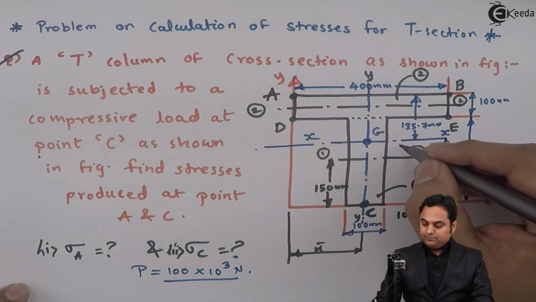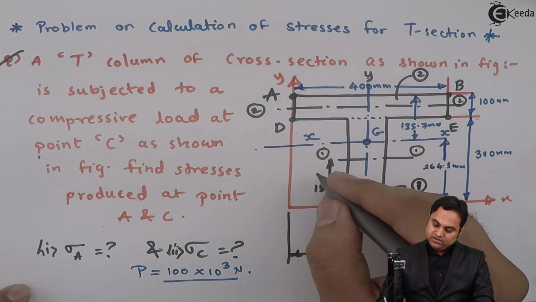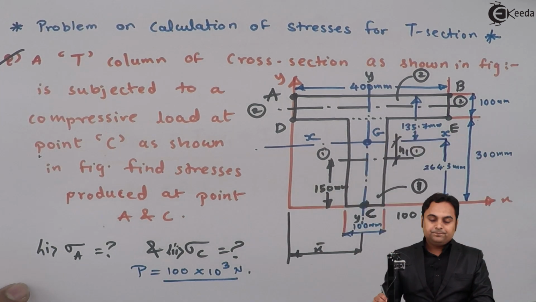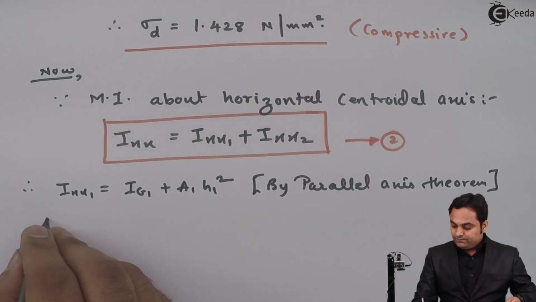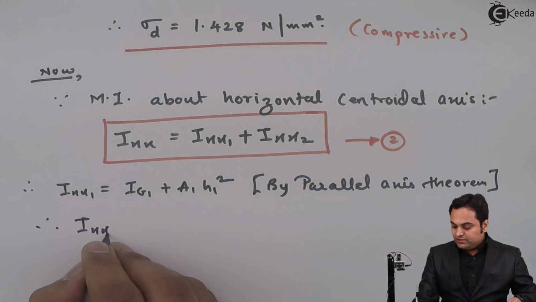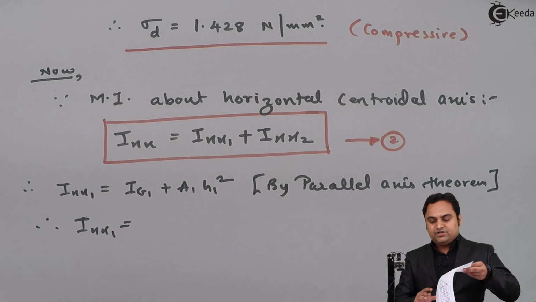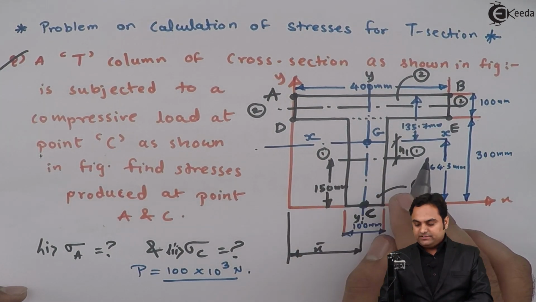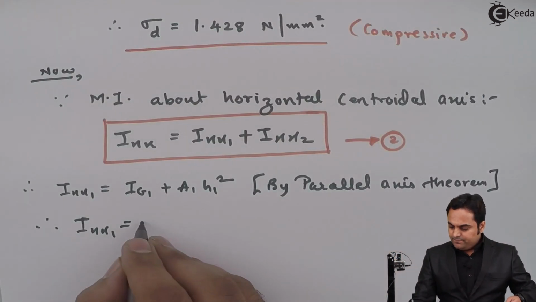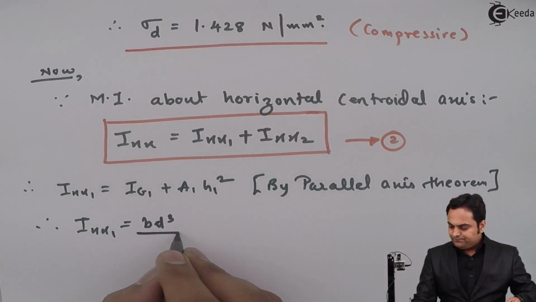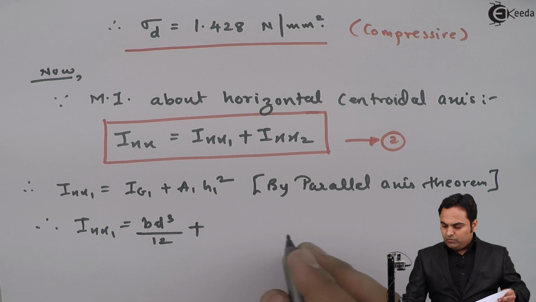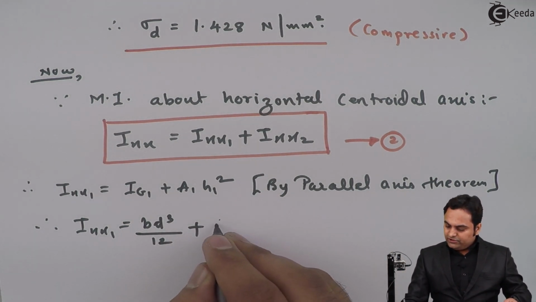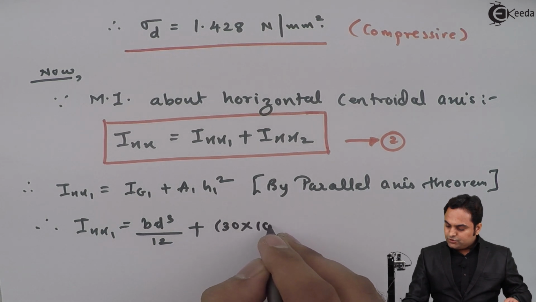So there is a gap, the distance between the axes, and that distance is called h1. So here Ig1 is the moment of inertia for rectangle 1 about its own horizontal axis, that is BD cube by 12, plus area 1, we have found out it was the value of 30 into 10 raised to 3.